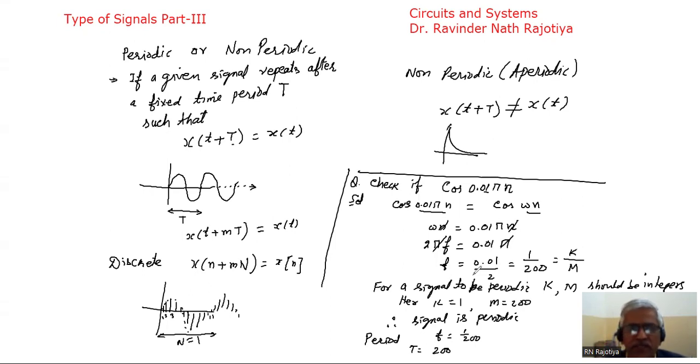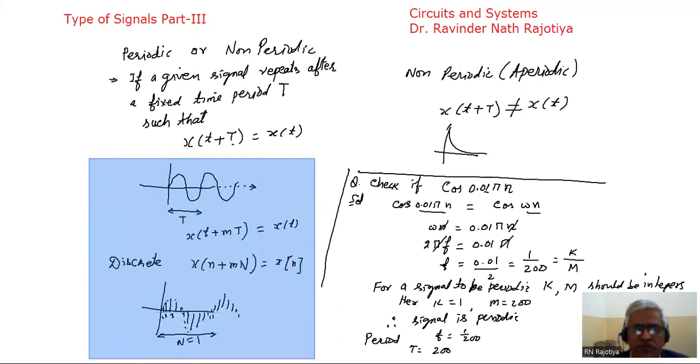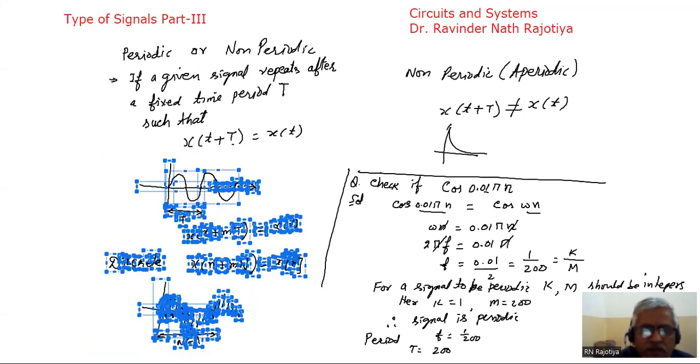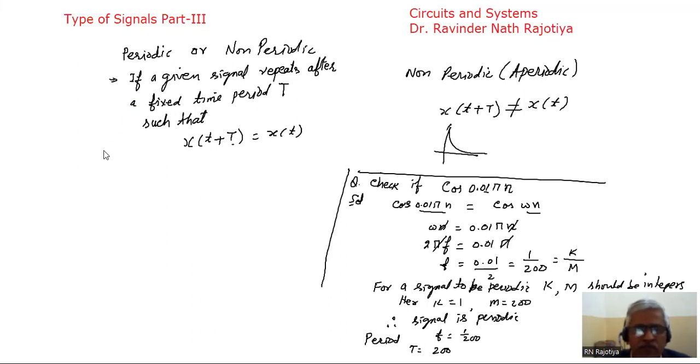I guess the concept of a periodic and a non-periodic signal is clear, but let me take one more example so that the concept is very well clear to you. Let me erase from here.